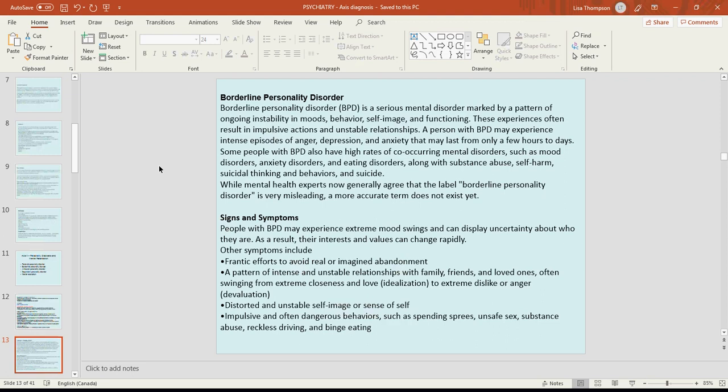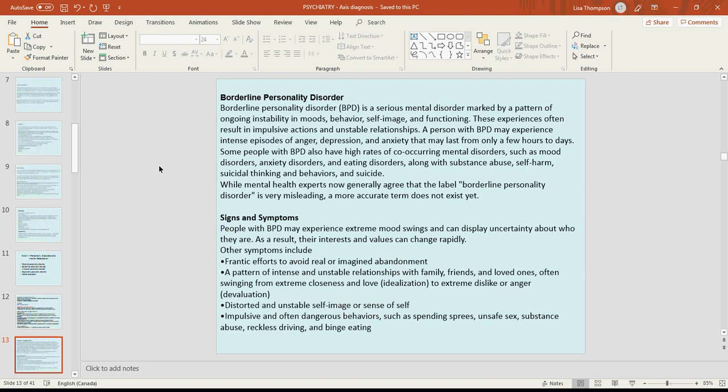While mental health experts now generally agree that the label borderline personality disorder is very misleading, a more accurate term does not exist yet. Signs and symptoms. People with BPD may experience extreme mood swings and can display uncertainty about who they are. As a result, their interests and values can change rapidly.